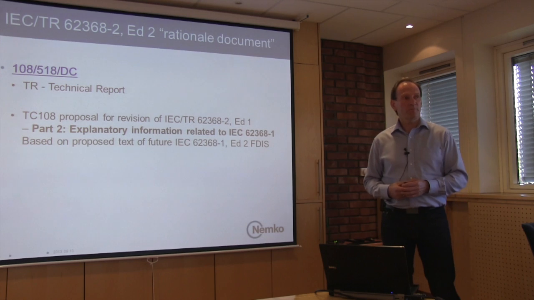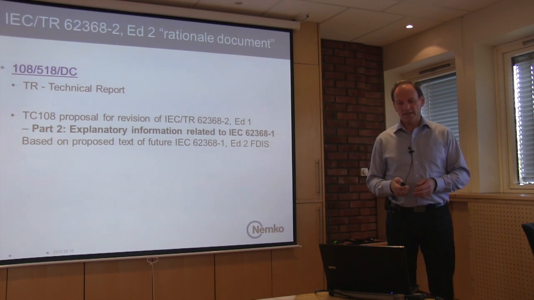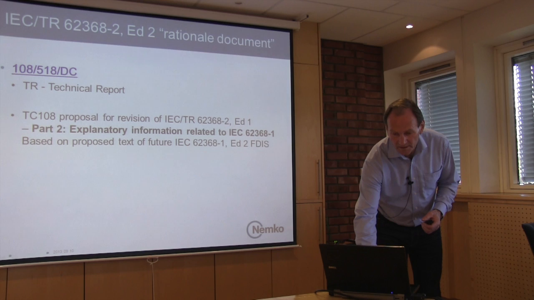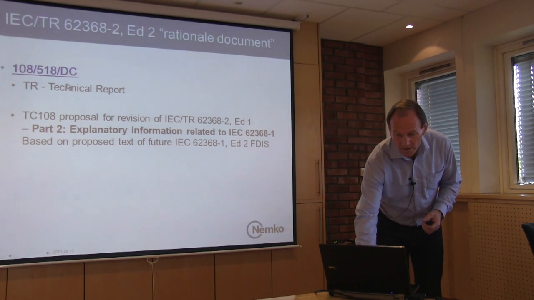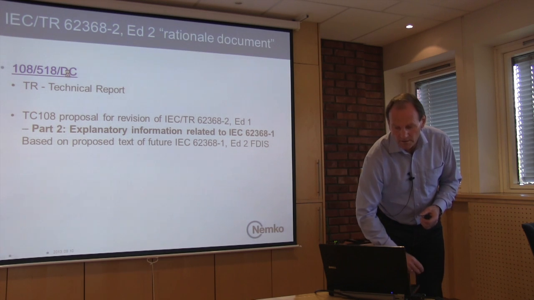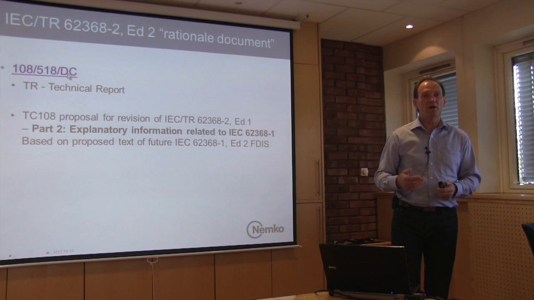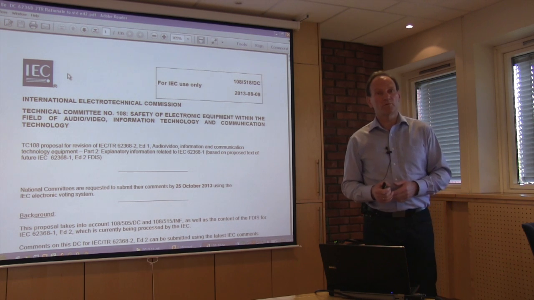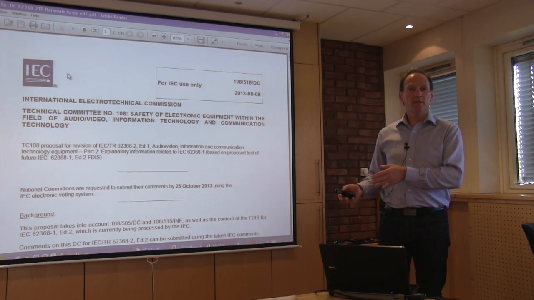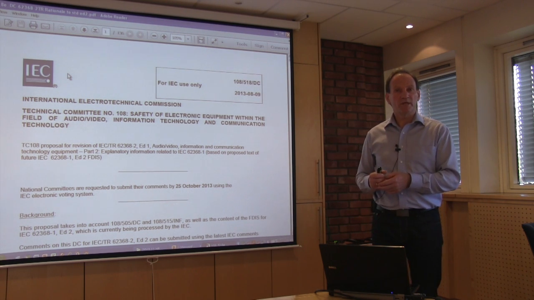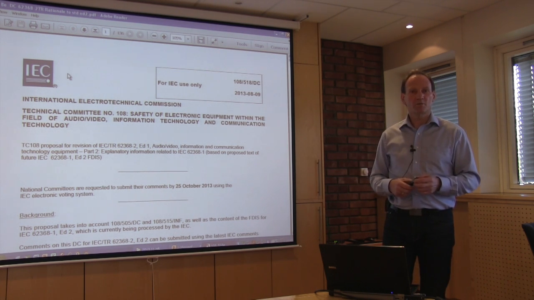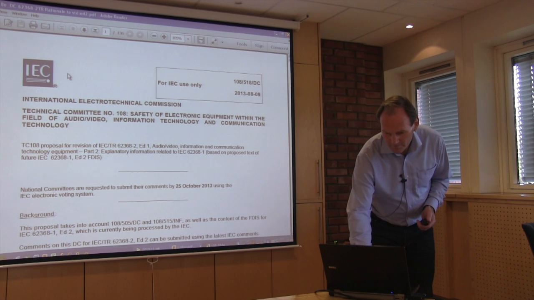And that is a very helpful document which lists the different clauses and gives an explanation of why we have this and the rationale behind it. Also, it's important for the technical committee to know what happened 10 years ago in that discussion. Maybe all the people from 10 years ago are not there anymore. So that is a very good document.